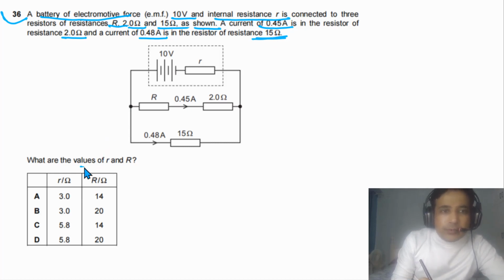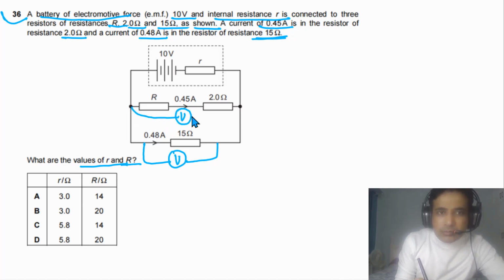We need to find the values of small r and capital R. If you look at this given circuit, we have current and we have resistance. So simply we can find the PD across this, and the PD across this one is also the same as the PD across this branch.